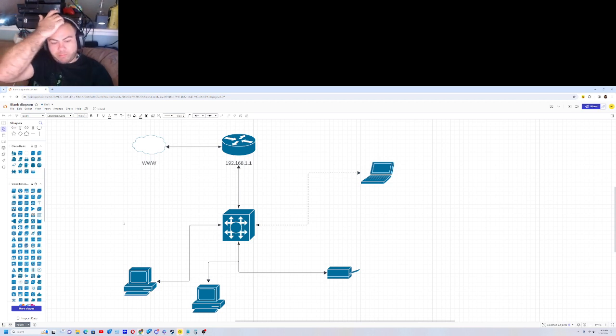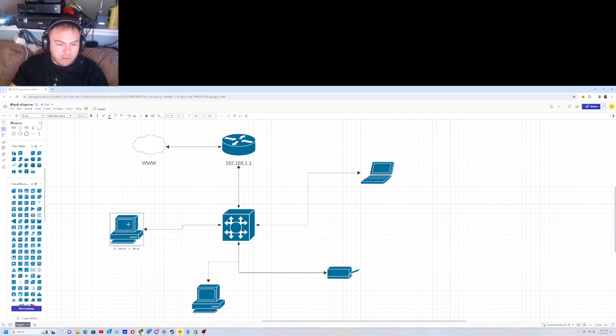aside the point here. So let's look at our network diagram here. We have just a basic house setup here, but we're going to say this is a school setup. Okay. We have a router into a switch, and then that switch distributes to all our devices. Now we have our computer lab here, so we'll call this computer lab.